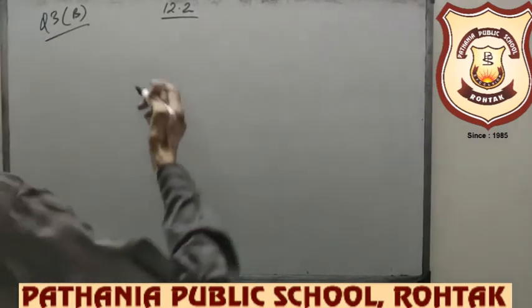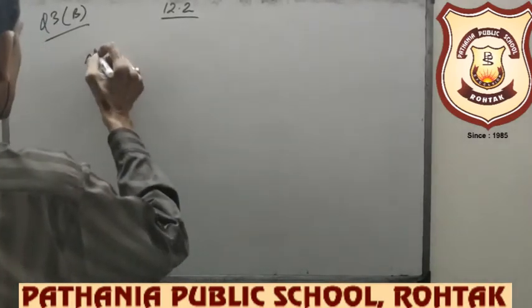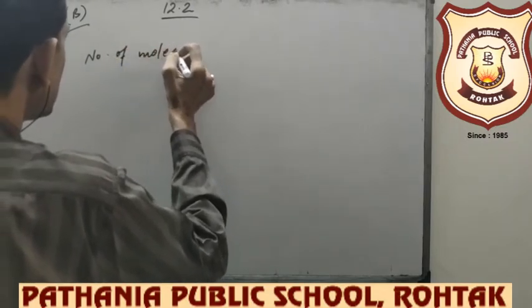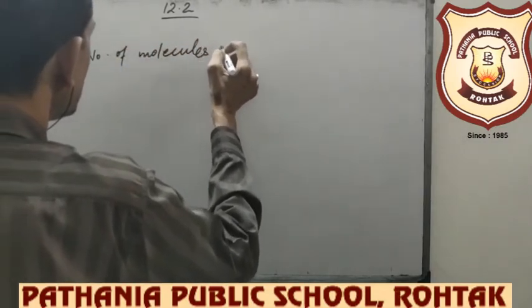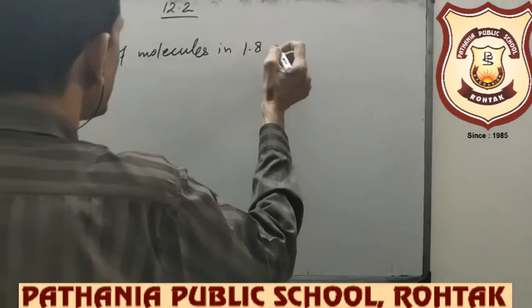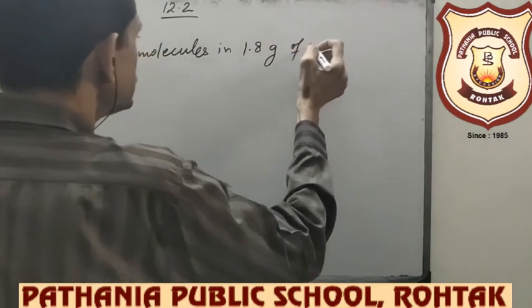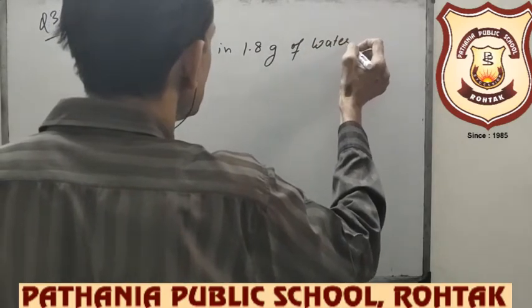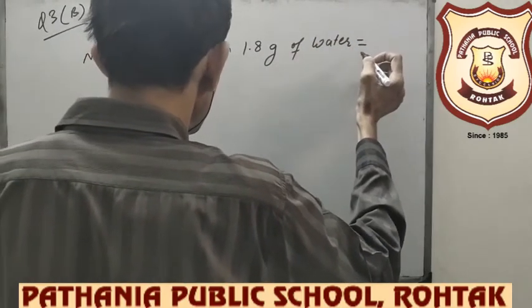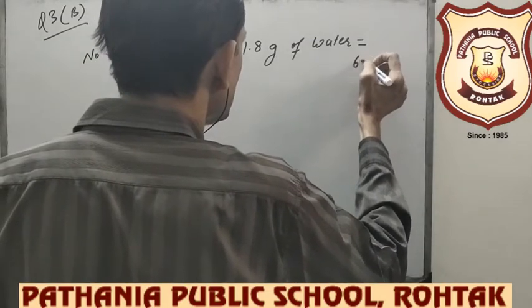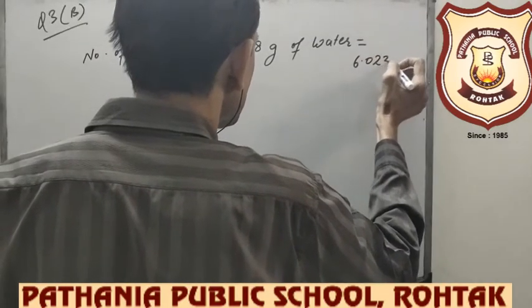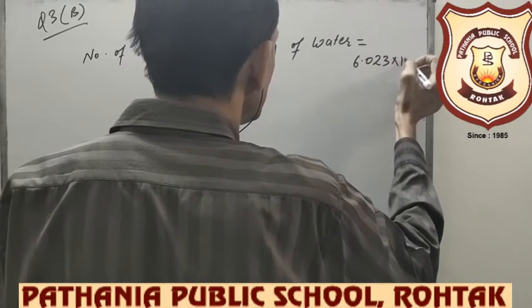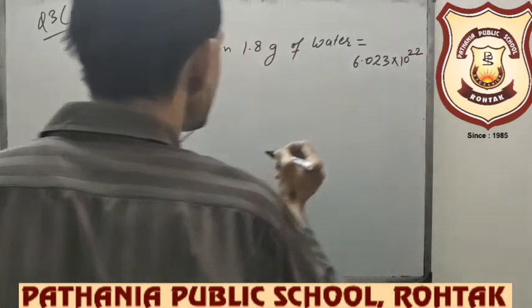Number of molecules in 1.8 gram of water is what? ये 6.023 into 10 raised to the power 22, this much.